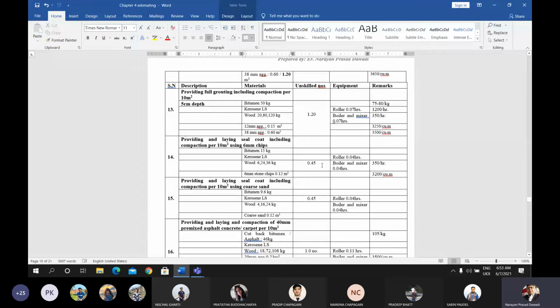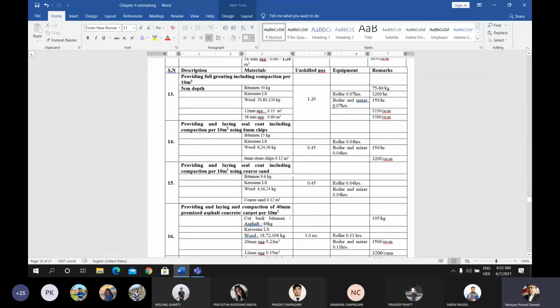Do this for 6 mm size stone chip. This is also important: providing and laying seal coat including compaction per 10 meter square using coarse sand. You can use 6 mm stone chip, or you can use coarse sand for the sealing of the surface course of the road. This is the top layer of the road surface.